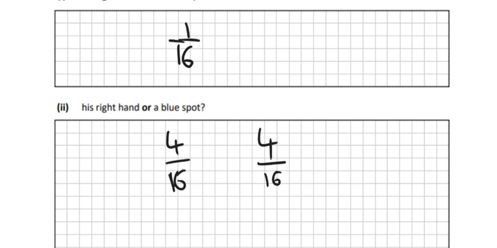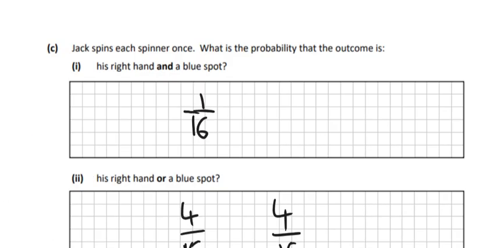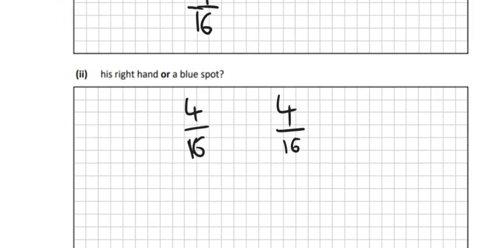We can write out the outcomes here just to make it a bit clearer.